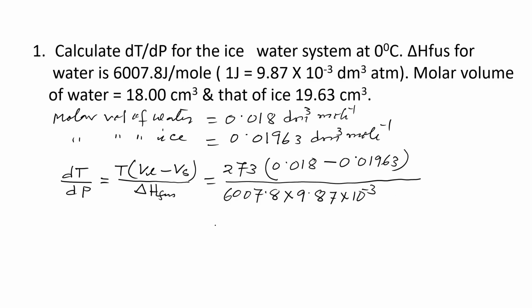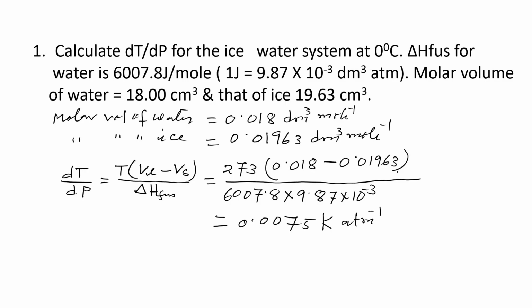Now, if you calculate it, then the value will come 0.0075 Kelvin per atmosphere. Now look here. This is dm³ mole inverse, and here it is dm³ atmosphere, and here mole inverse was there.